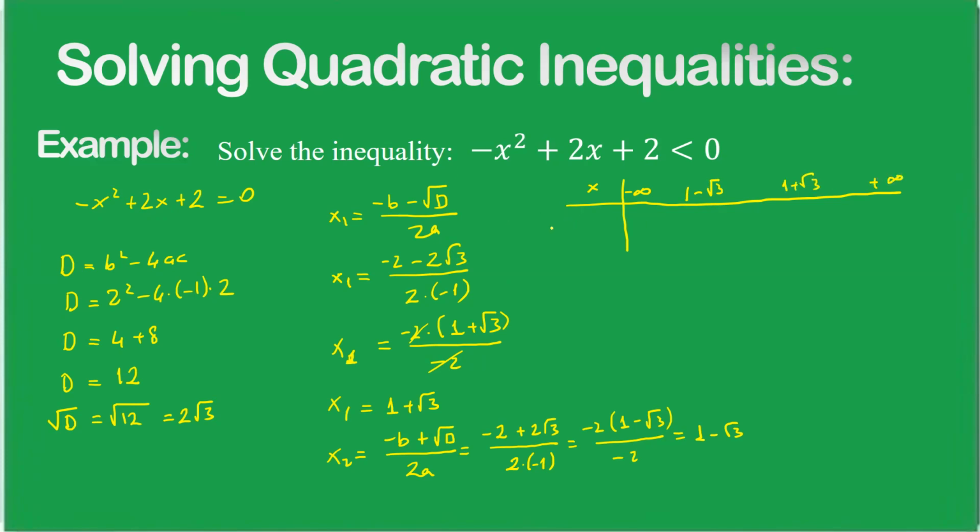We are writing the expression minus x squared plus 2x plus 2. These are our zeros, and the first sign of the table is negative, because the sign of x squared is negative, then it becomes positive, and then negative. We are going to change the signs, you know that.